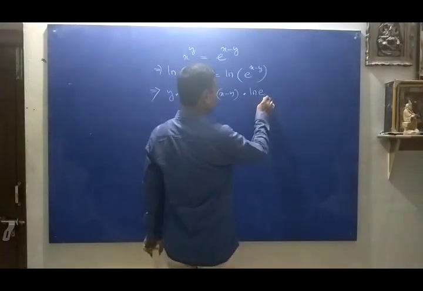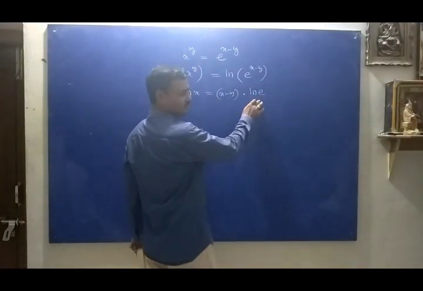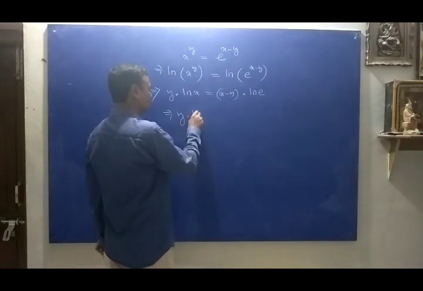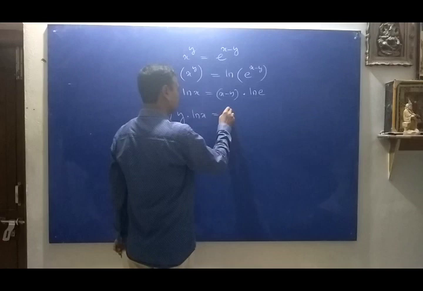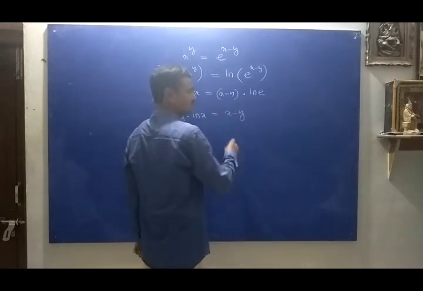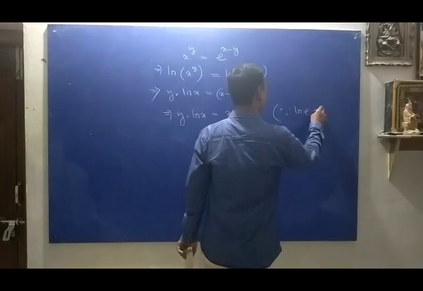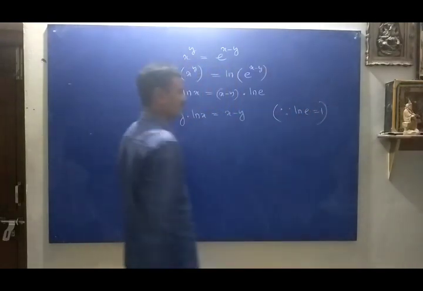So ln of e, this result is always 1. So y into ln x is equal to x minus y, because ln of e is equal to 1.